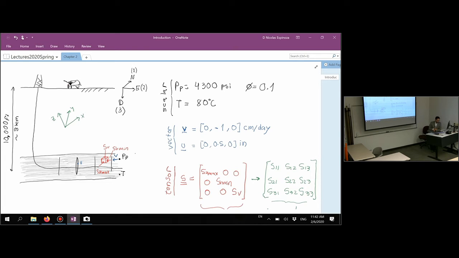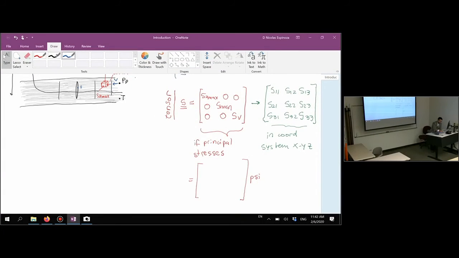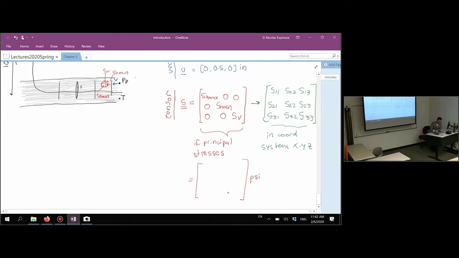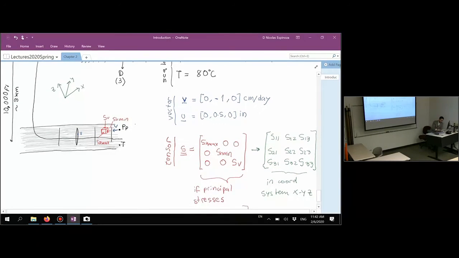So if we have 10,000 feet of depth, then we could say that more or less the vertical stress here is 10,000 psi. And let me fill this with zeros. What about the horizontal stresses? What do you think those values are going to be? And let's assume that here we are under normal faulting conditions.